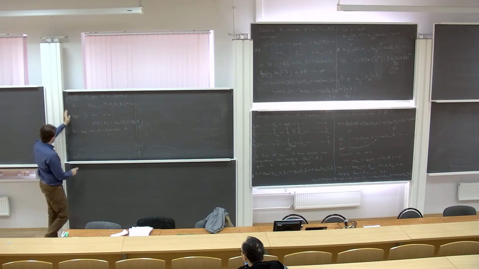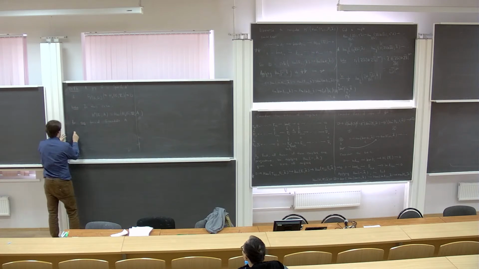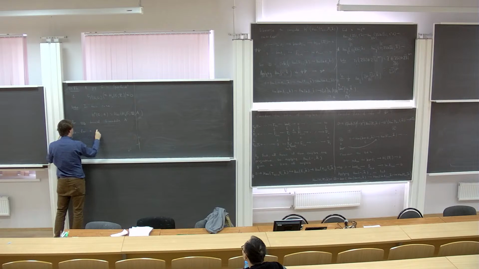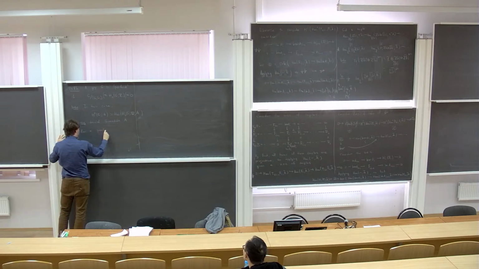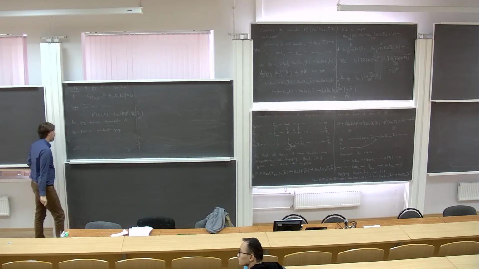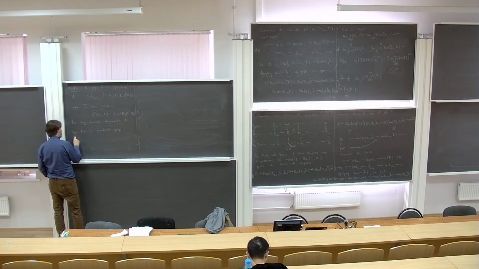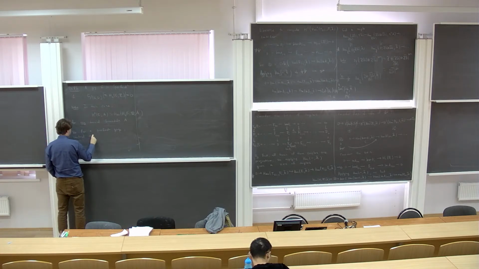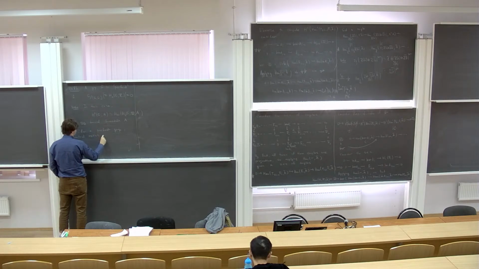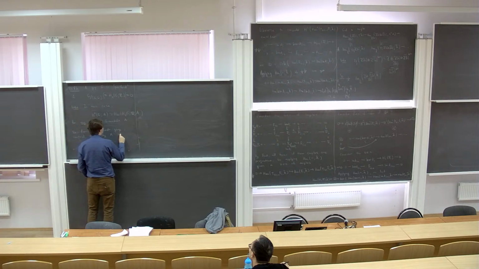Okay, so for a perfect group, central extensions by A are classified by this group.